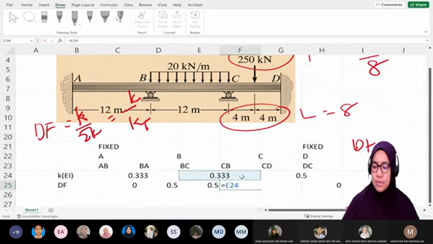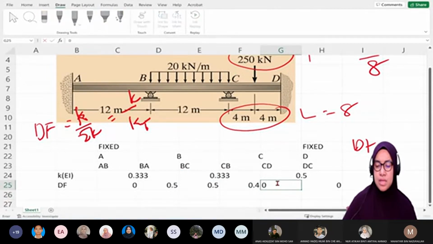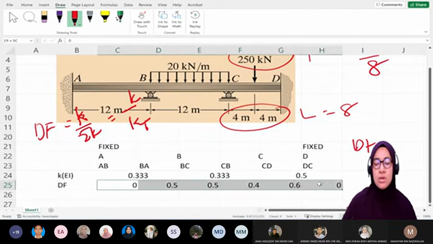This one divide by... Okay, we get 0.4. So, yang ni automatic we know that this is 0.6, sebab total 0.4 plus 0.6 must be equal to 1. Okay, distribution factor. So, soalan kalau tanya calculate distribution factor, bagi jawapan dalam bentuk macam ni, so dah acceptable.